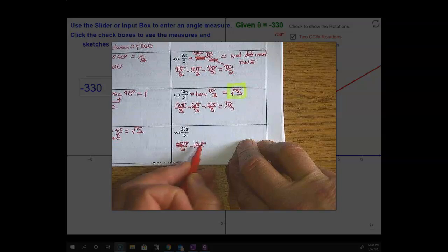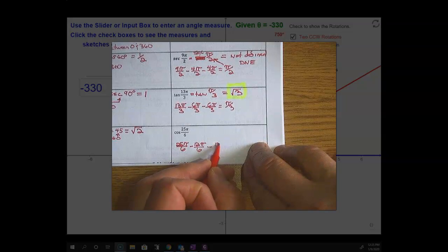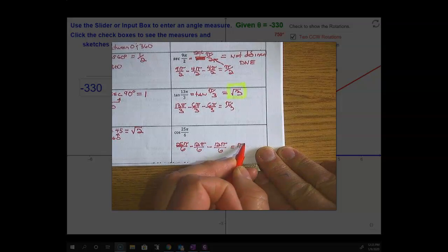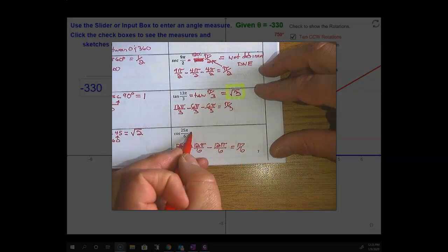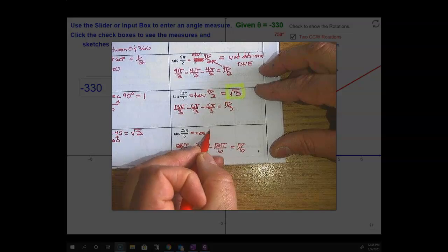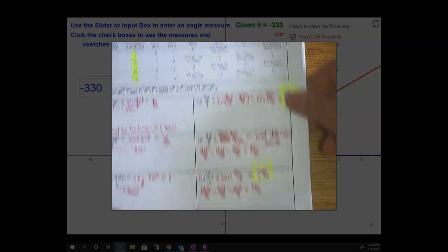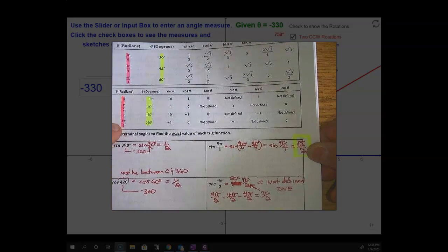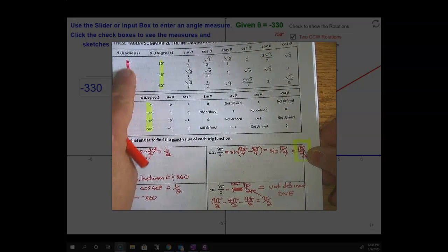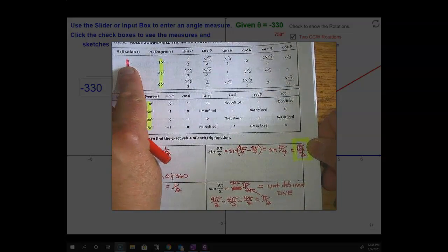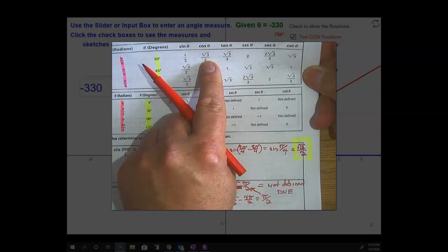So that's 13, so I can take away another one. Go up here, pi over 6. Go over to cosine, and my answer is root 3 over 2.